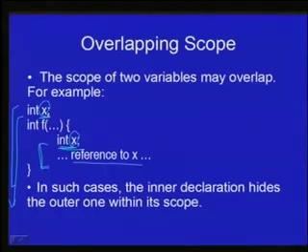So, the rule for that is that if there are two variables with the same name, both of which are in scope at a given point in the program, and a reference to that variable is made at that point, then the reference will always refer to the variable which has been declared innermost, or in other words, whose declaration is closest to the point of use.